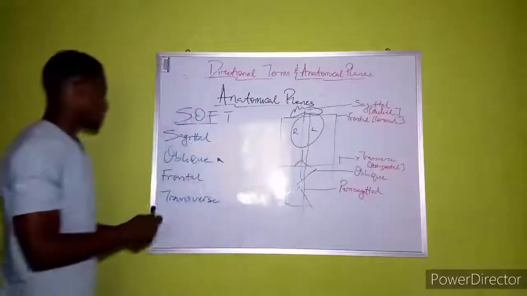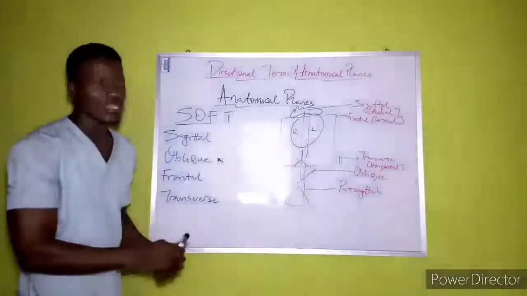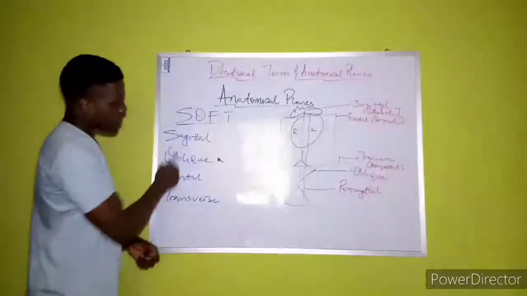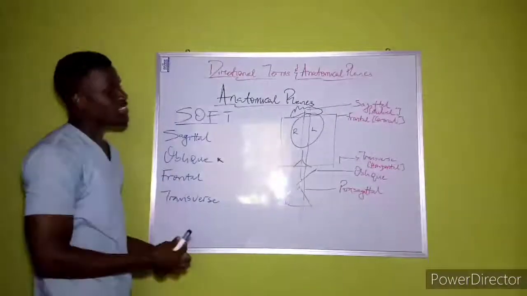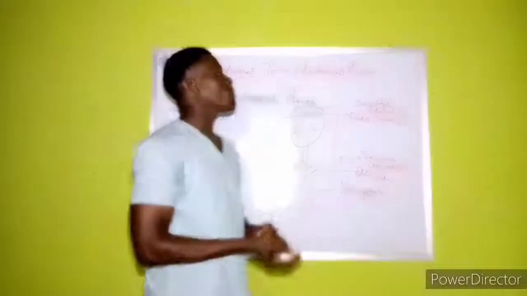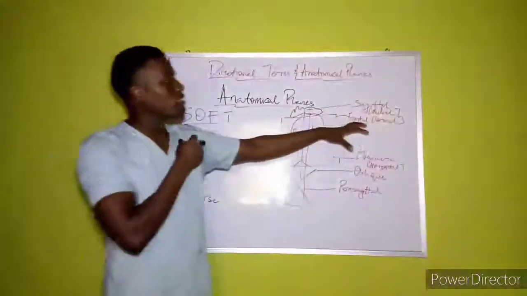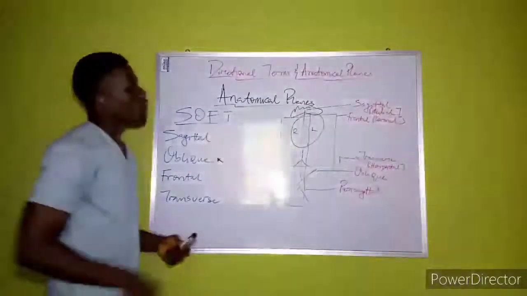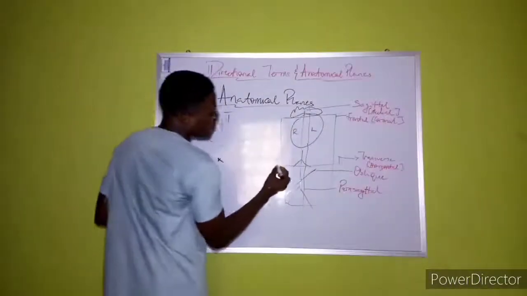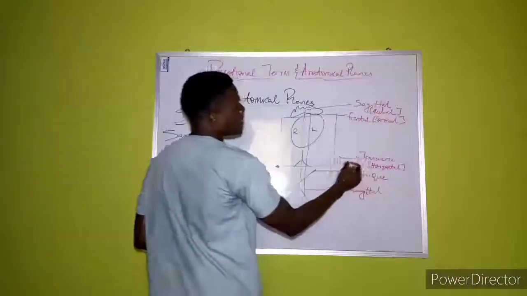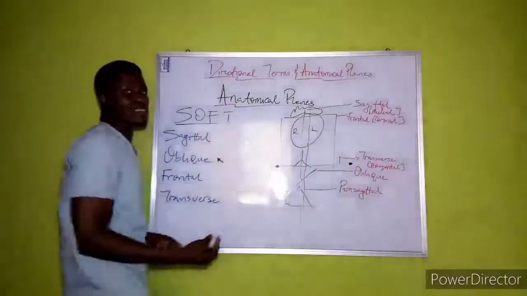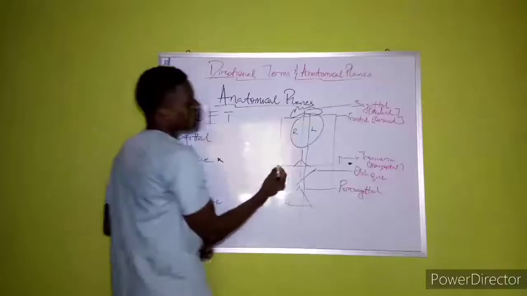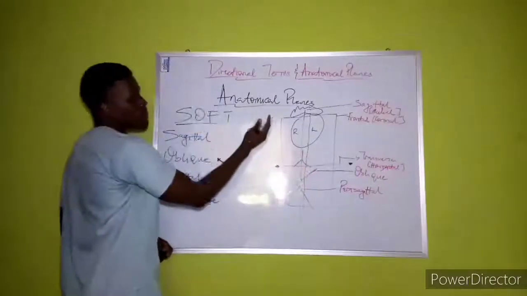Now the next, which is the T part of SOFT, is the transverse plane. Unlike the frontal and the sagittal plane, the transverse plane runs from 2 lateral points. This is one lateral point, and this is another lateral point of it, and it divides the body into superior and inferior parts.